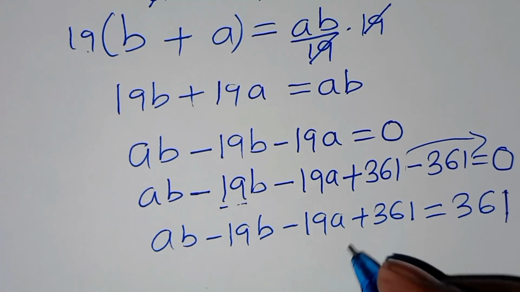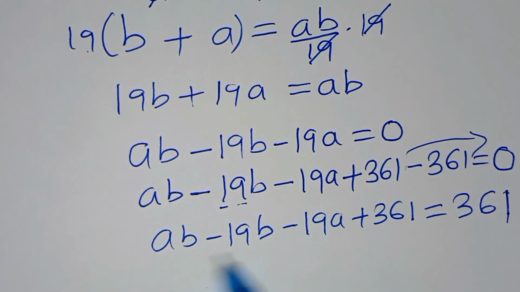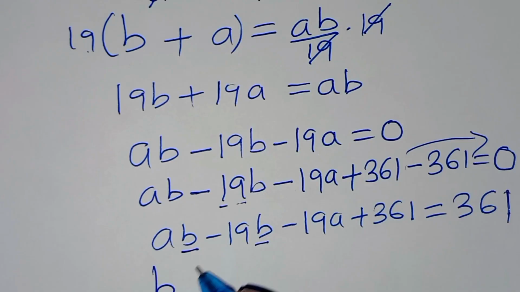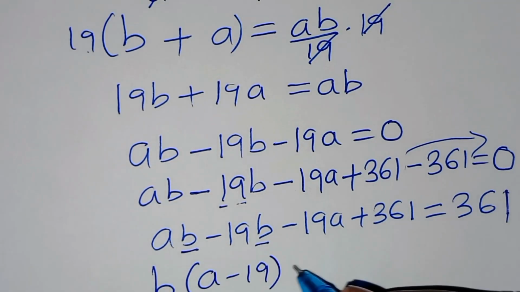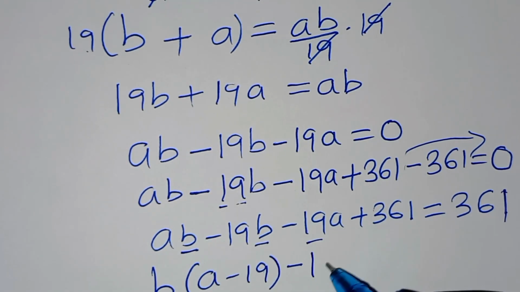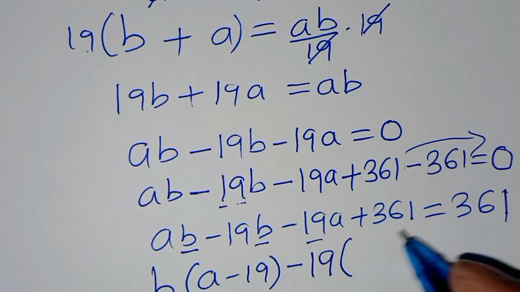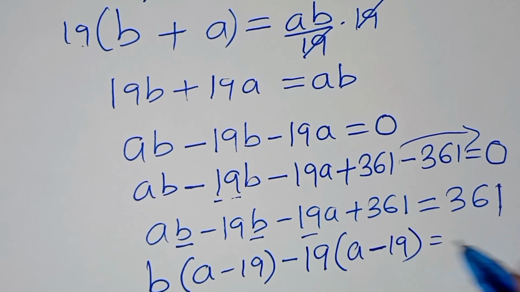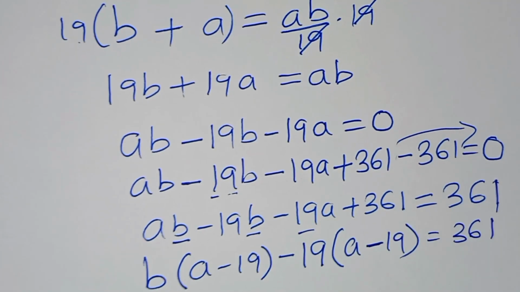So the next step is to factor out. You can see b is common here, so you'll have b into the bracket a minus 19. Then subtract; now 19 is common here, so factor out 19, so that we'll have a minus 19, equal to 361.